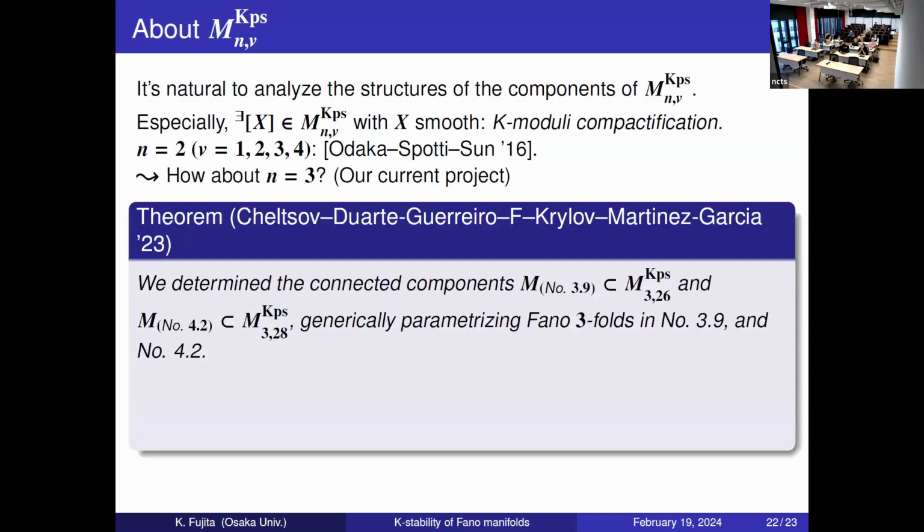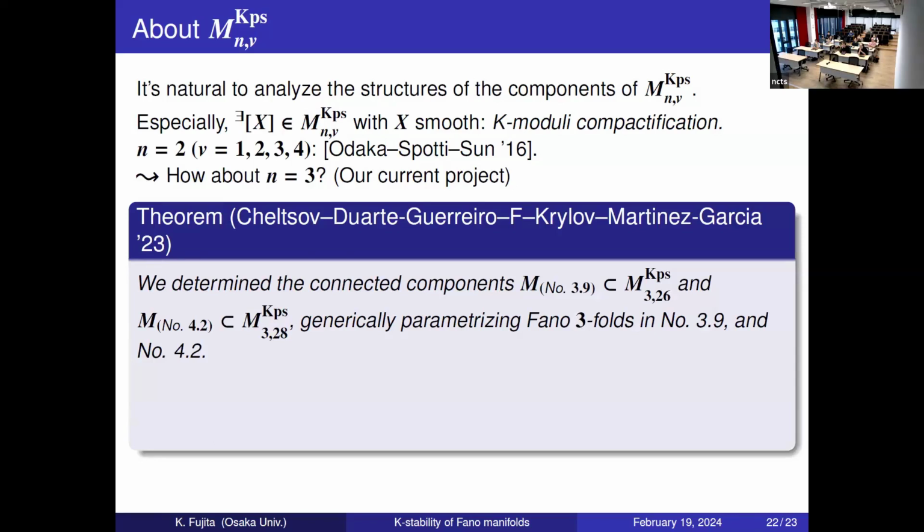How about n equal to 3? So we consider the scheme structure and which Fano threefolds should degenerate to a K-polystable one. One of the theorems due to Bunnin and Tiago is that we determine the connected components M number 3.9 and number 4.2.